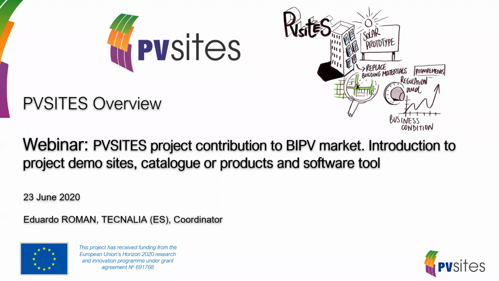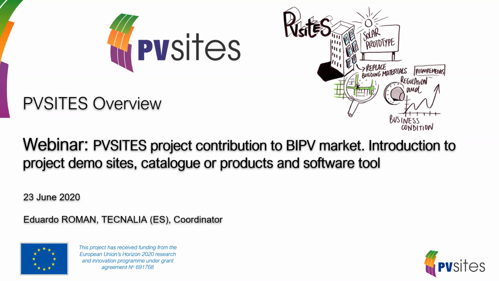So the first thing we have to say is that BIPV technology has been pushed by the PV sector in general and by the European Commission in this case. Traditionally, the European Commission has put a lot of effort and even budget into this technology since, I don't know, the beginning of the century, I would say.